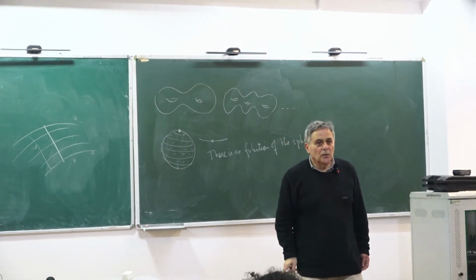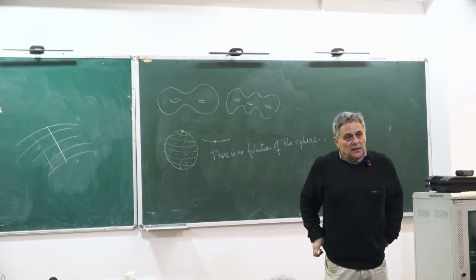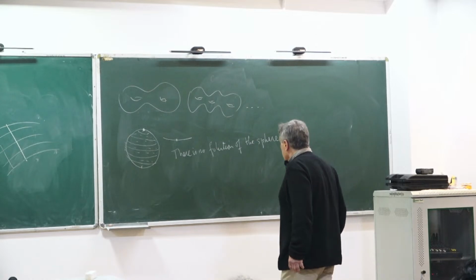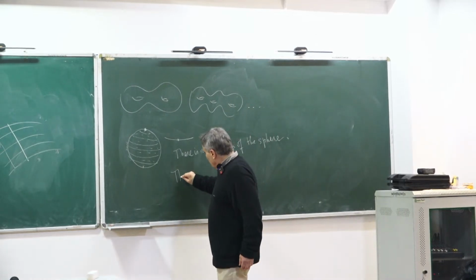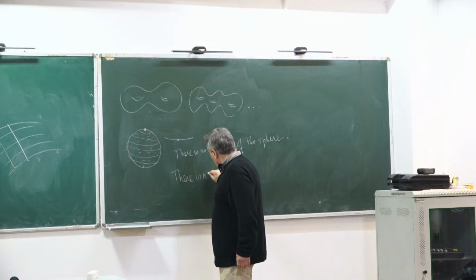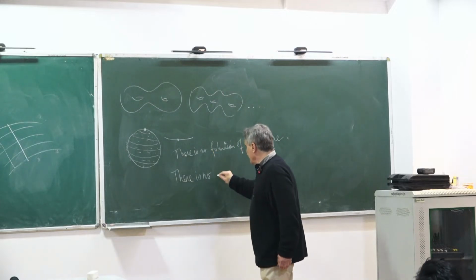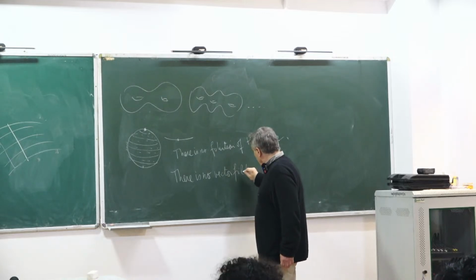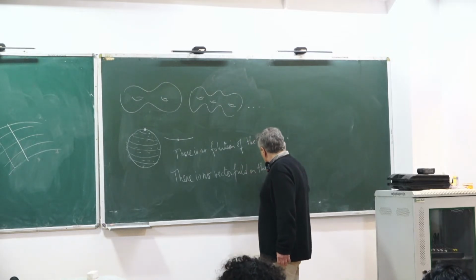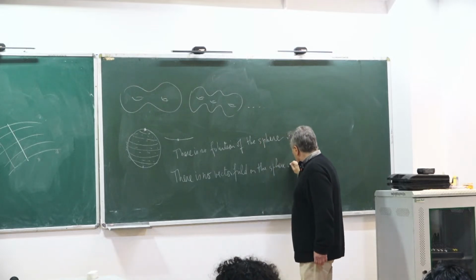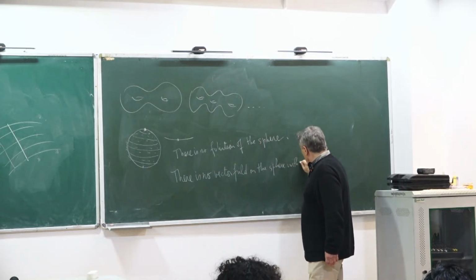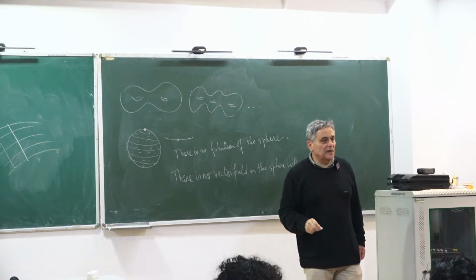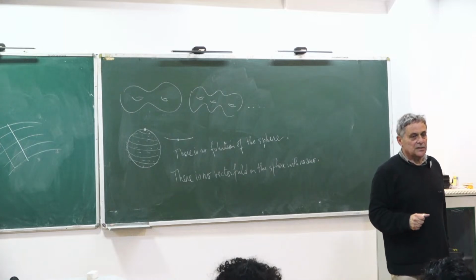Those of you who did some surface geometry know that there is no vector field on the sphere with no zero. Any vector field on the sphere should have a zero. You know this?